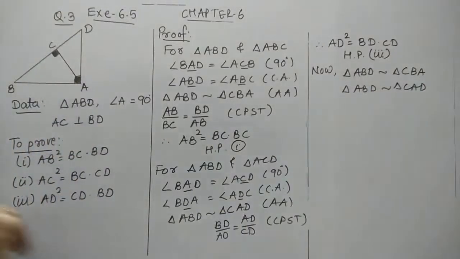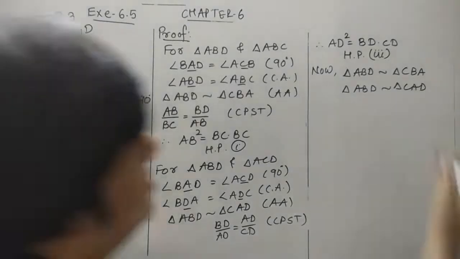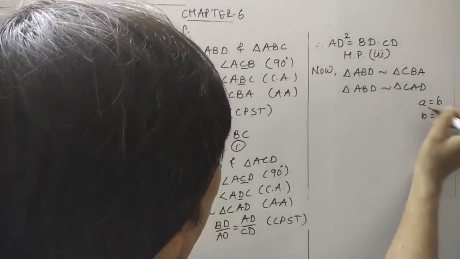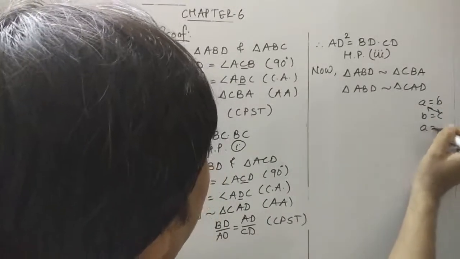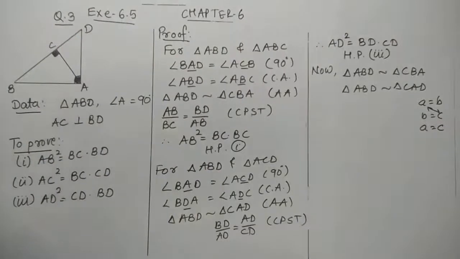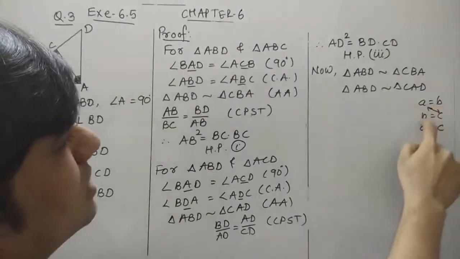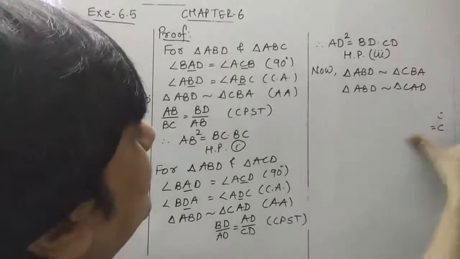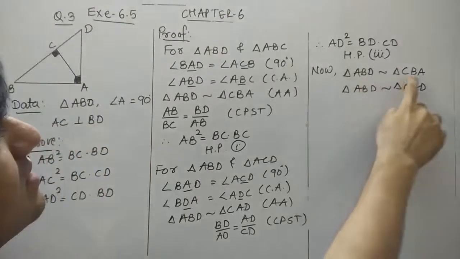We know this by using the reflexivity condition. Reflexivity means, if A is the same as B, and B is the same as C, then automatically we can say that A is the same as C. If A and B are equal, and B and C are equal, then we can say that A and C are the same. Similarly we can take that this triangle is similar to this.